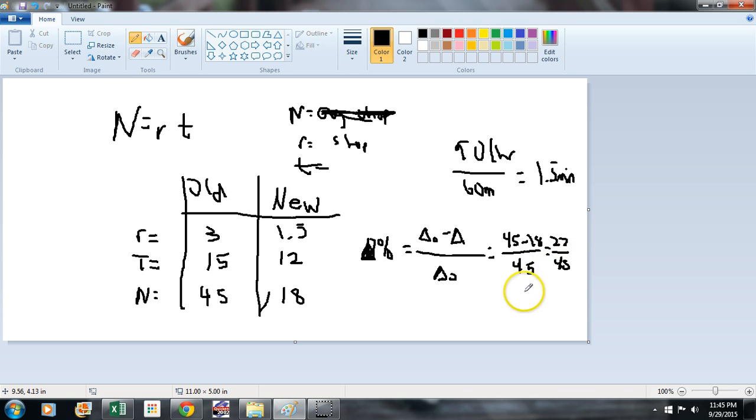Do the math further and we get 0.600, which you may express like that, or as a percentage, 60.0. So our answer is the new store is bringing in 60% fewer customers in the store compared to the old one.